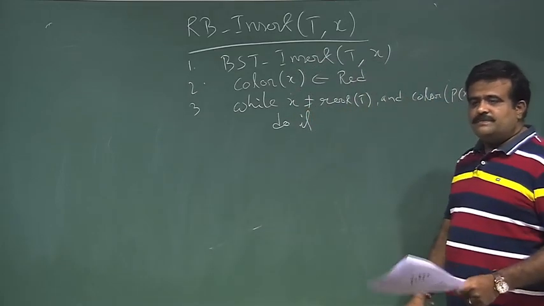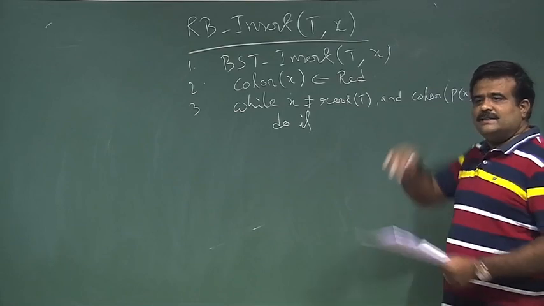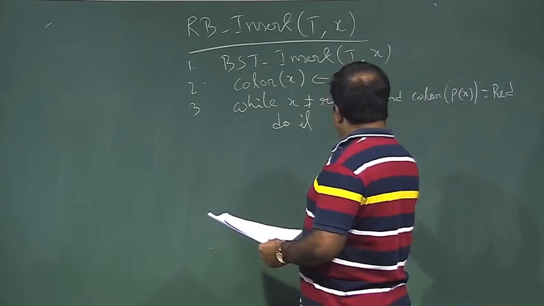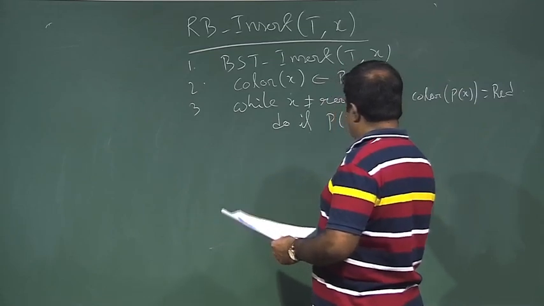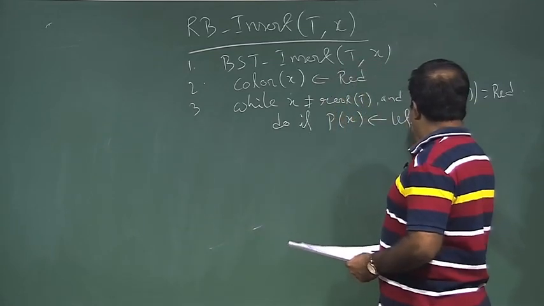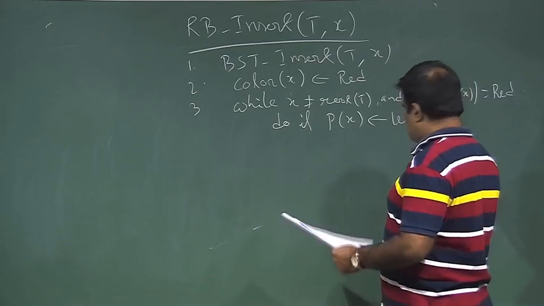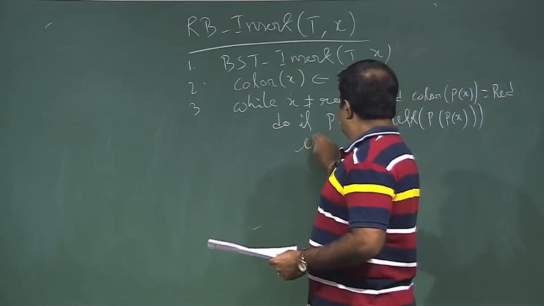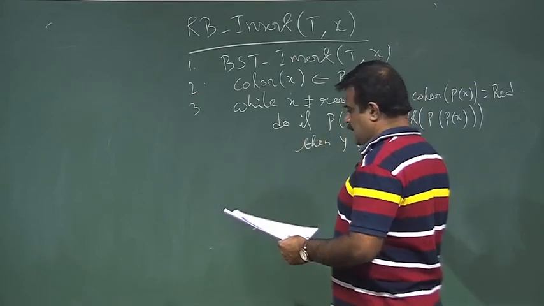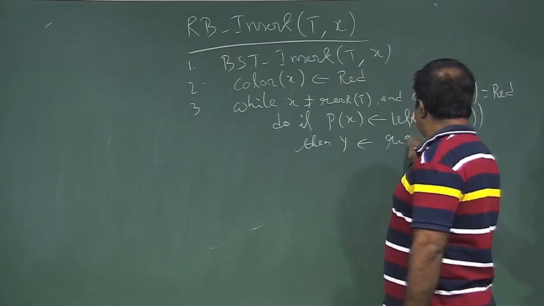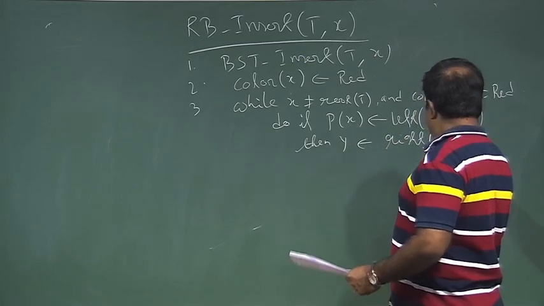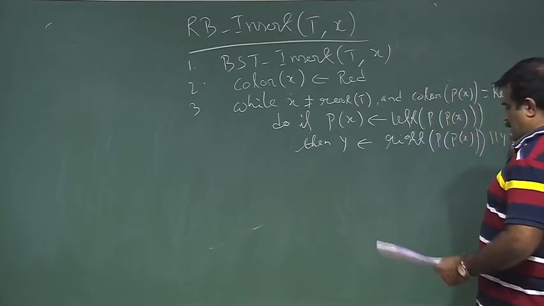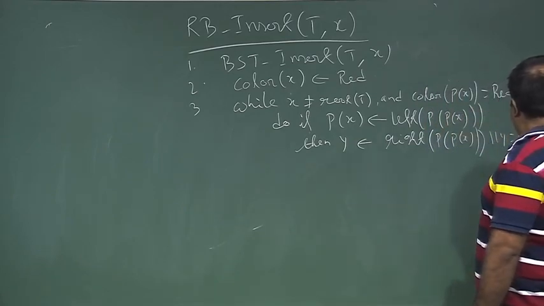Now, case 1 means the aunt or uncle is red and the grandparent is black. So, if the parent of x is the left child of the grandparent of x, then y is the other child, the right child, that means y is the aunt or uncle of x.